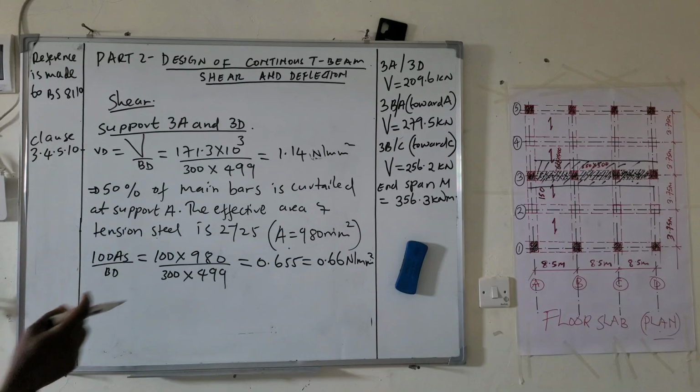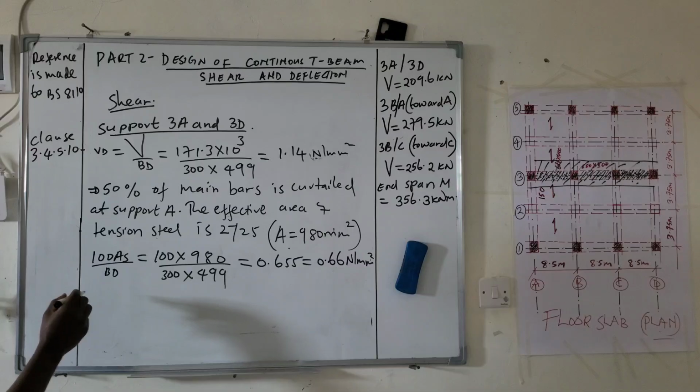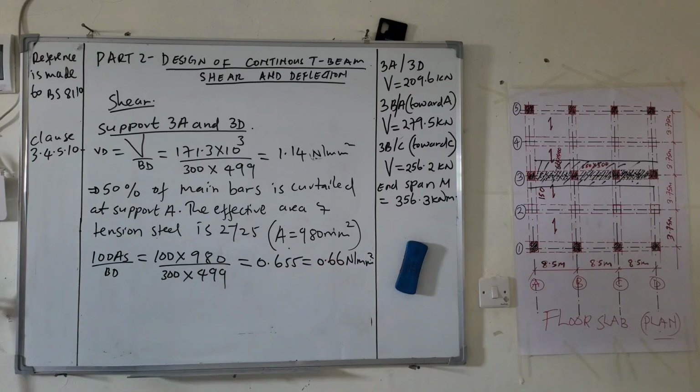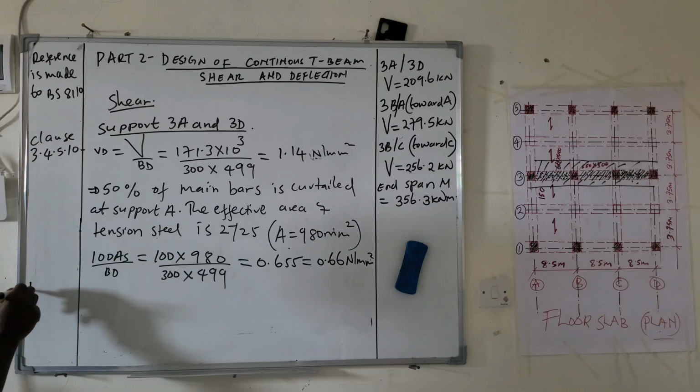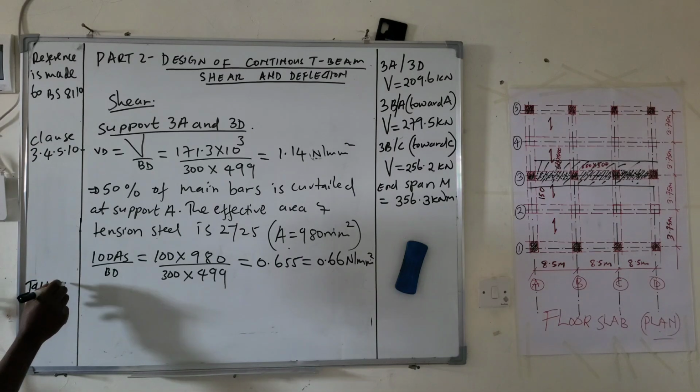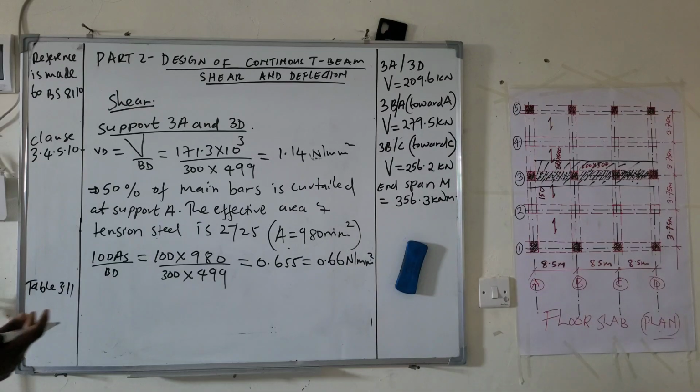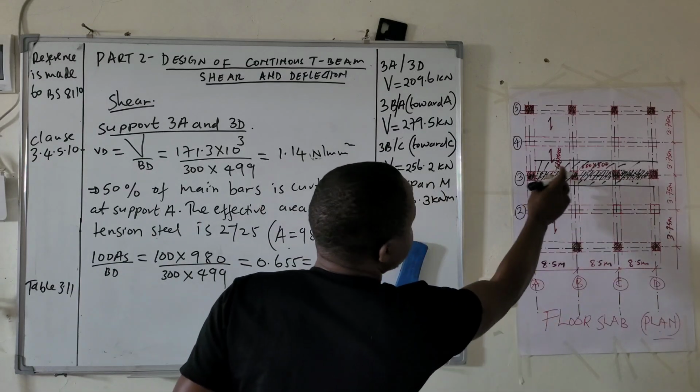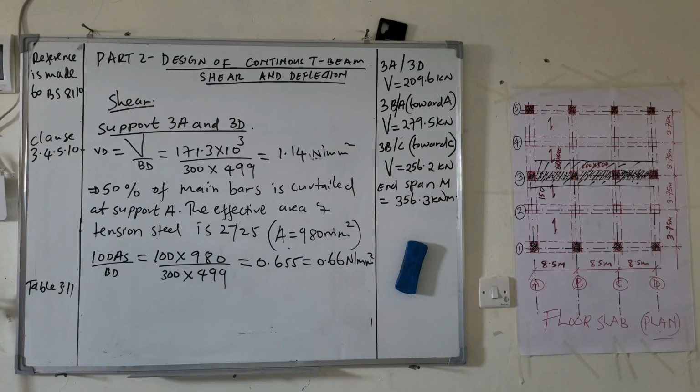And remember, this one is for class 25. Now, you will go to the table. You will again go to the table to obtain VC for class 25. So this is table 3.11. But since this is the same thing we have done for this span, there is no need to repeat ourselves.